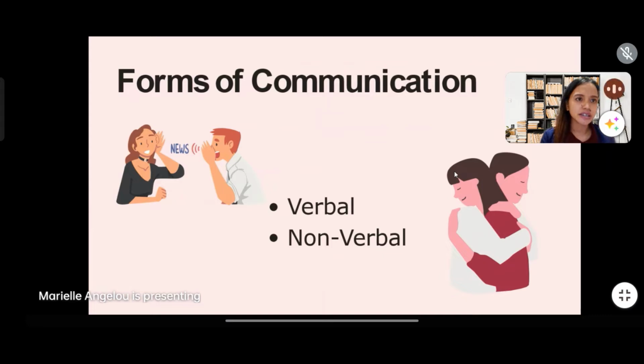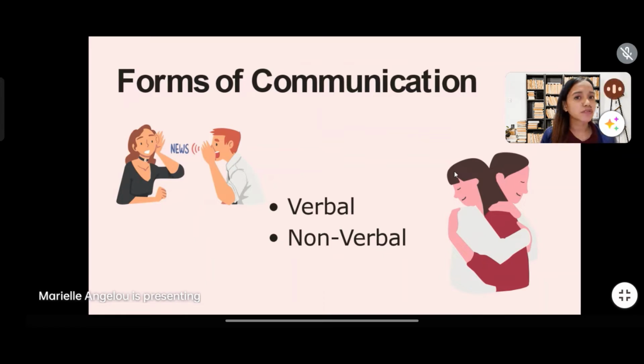For this day, we will focus more on the verbal. Verbal has two different types. These are oral communication, or communication that uses our spoken language. It is the type of communication that involves our speaking skills. The second type of verbal communication is what we call written communication.